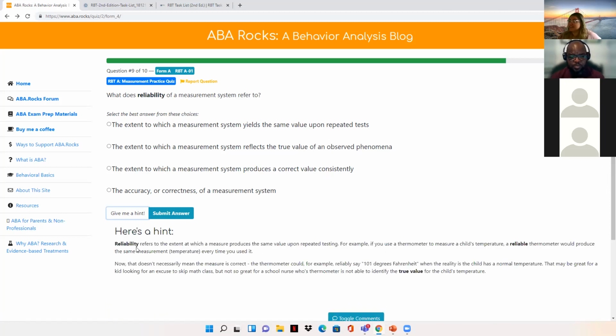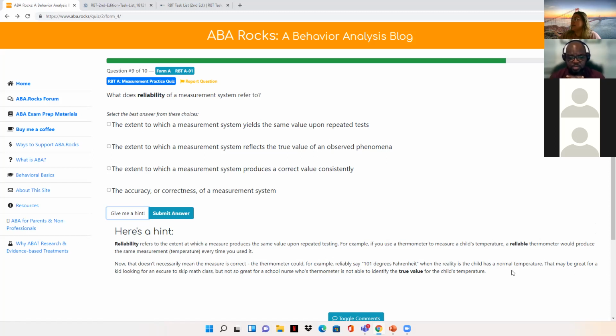Reliability refers to the extent at which a measure produces the same value upon repeated testing. For example, if you use a thermometer to measure a child's temperature, a reliable thermometer would produce the same measurement every time. Now, that doesn't necessarily mean the measure is correct. The thermometer could, for example, reliably say 100 degrees Fahrenheit, when in reality, the child has normal temperature.